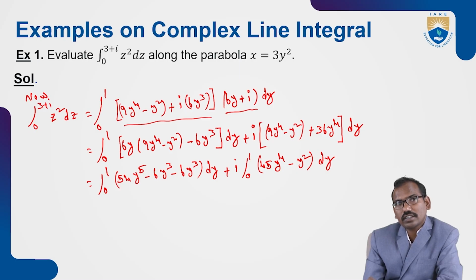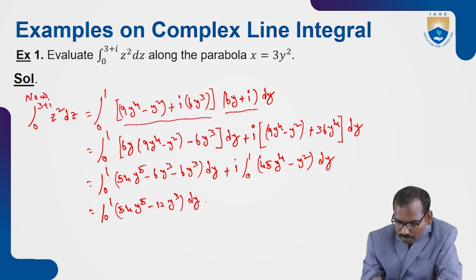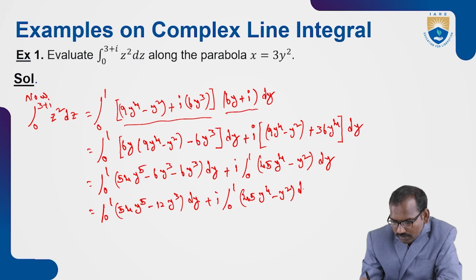Now it is integration from 0 to 1 of 54y to the power 5 minus 12y cube dy, plus i times integration from 0 to 1 of 45y to the power 4 minus y square dy.